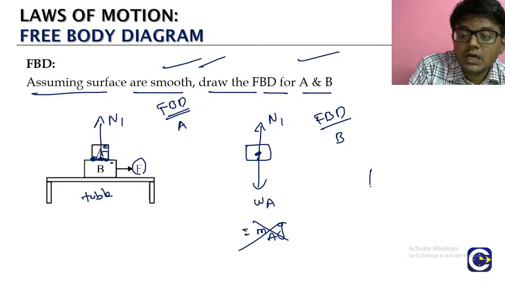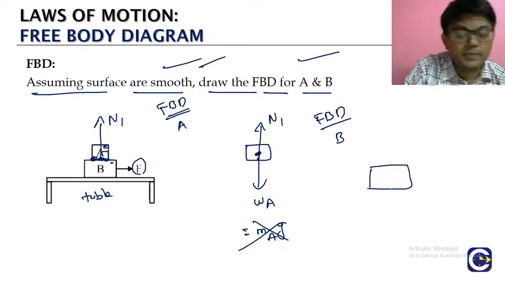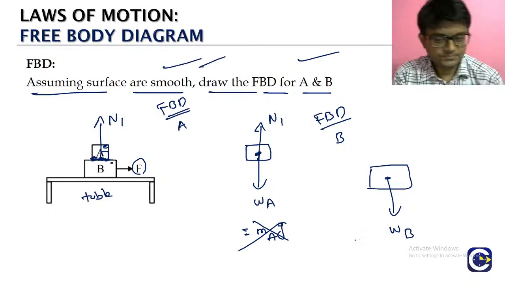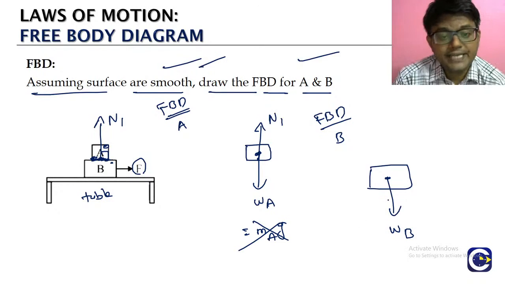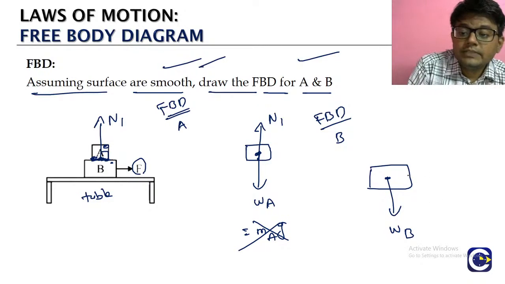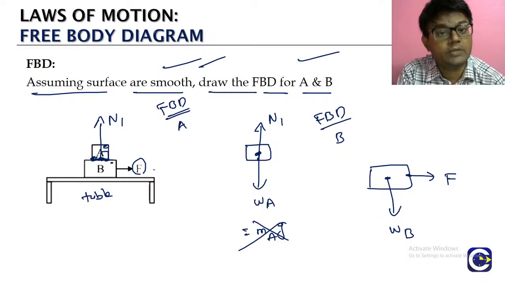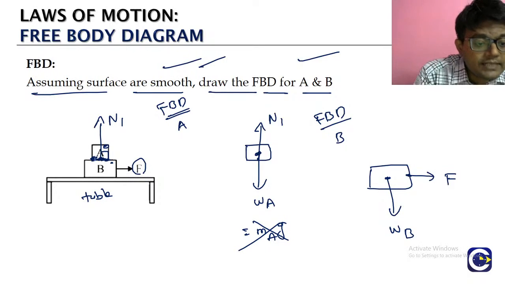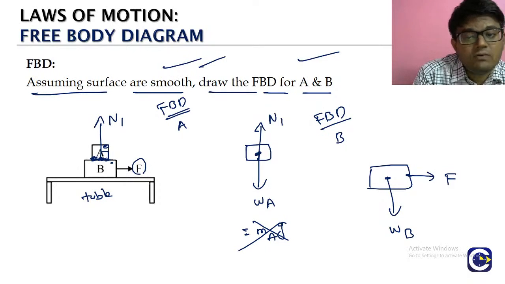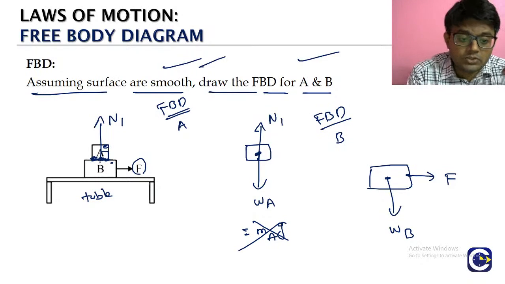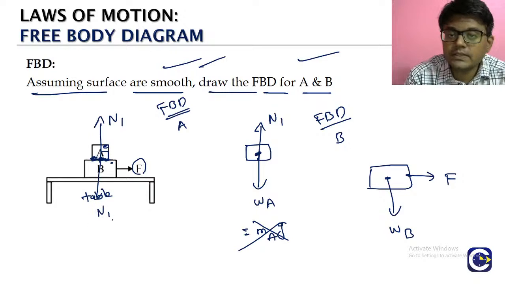Now let us come to block B. Block B is going to have its own weight. Then there is already one force F acting on block B, that is represented to the right side. Look at this. Block A and block B, they have a contact, right? Now at this contact there will be a normal reaction acting on A, and there will also be a normal reaction acting on B, isn't it?